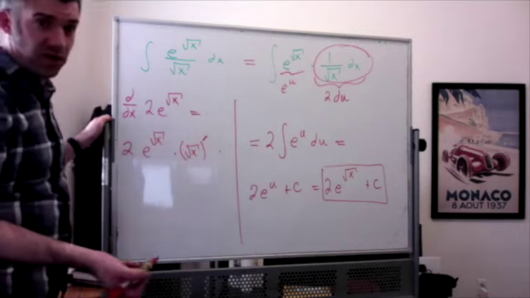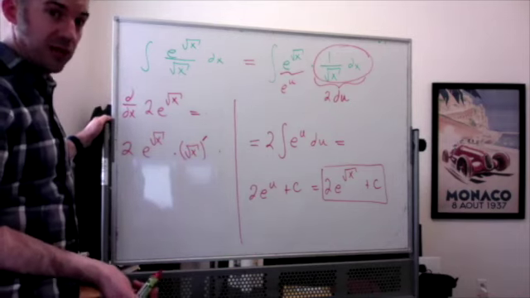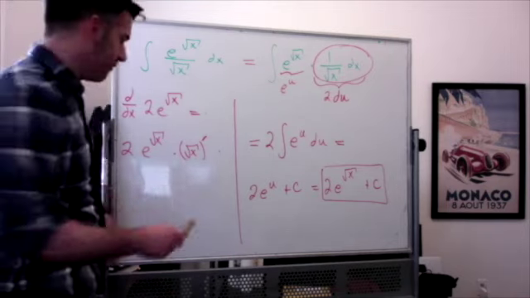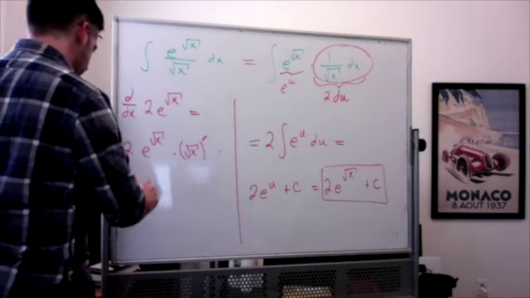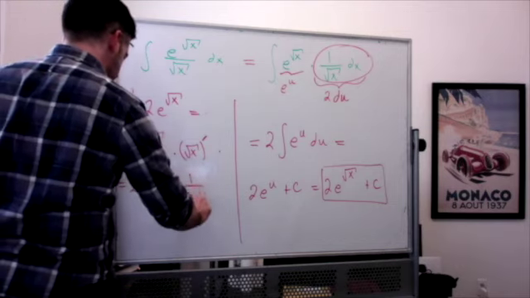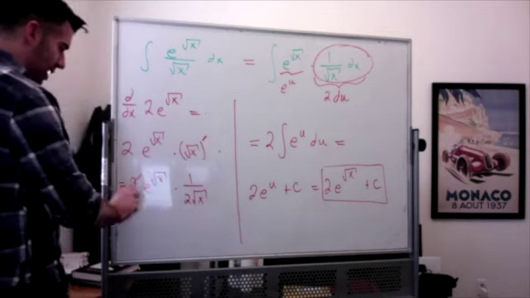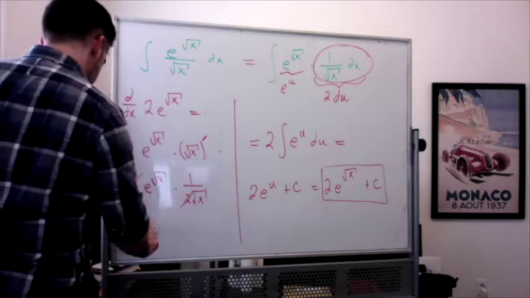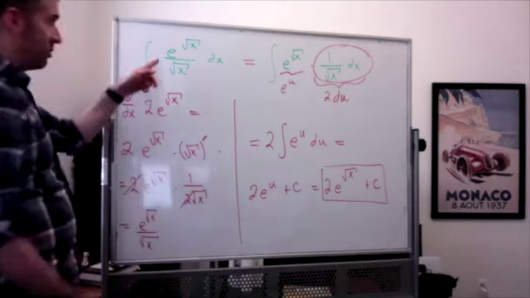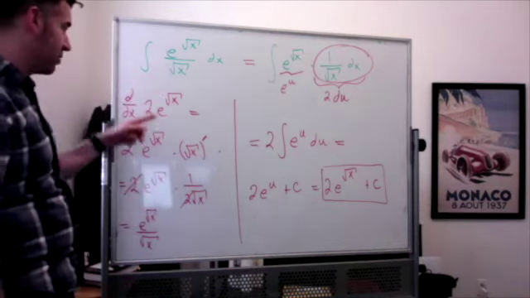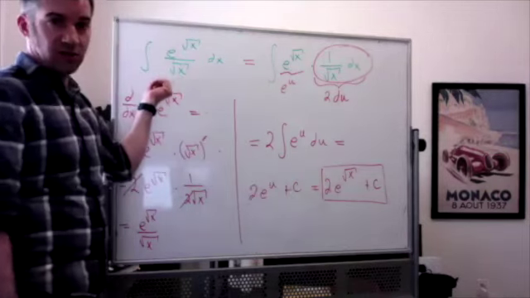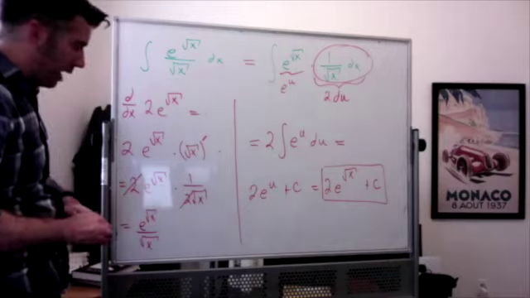But the derivative of the square root of x is 1 over 2 times the square root of x. Right? It's 1/2 x to the negative 1/2. So this is equal to 2e to the square root of x times 1 over 2 times the square root of x. But the 2's cancel, and we exactly get e to the square root of x over the square root of x, which is what we should get, right? If we say that this is the antiderivative, then the derivative should be the function's derivative. Okay.